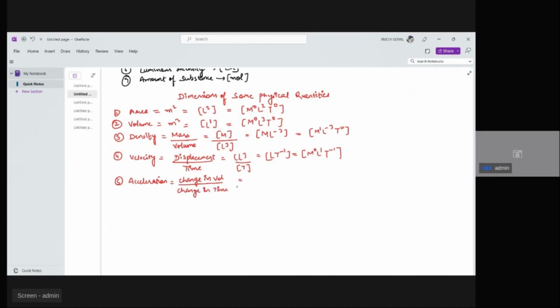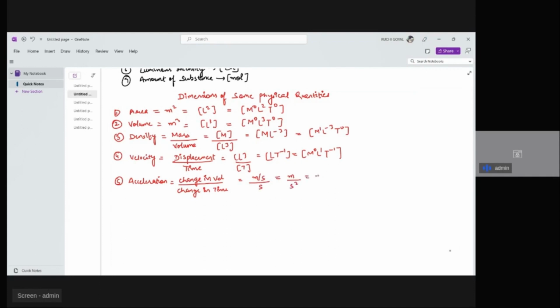Correct. So what is change in velocity? Change in velocity is meter per second, and divided by time is second. So meter per second per second, it will be meter per second square.